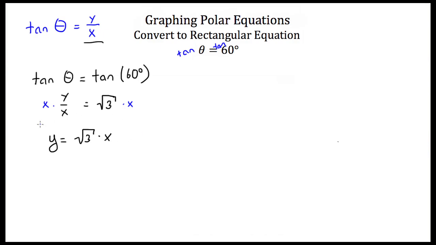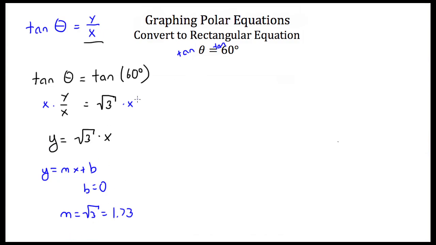Well, this is a linear equation. This is in the form y is equal to mx plus b. Here our b is 0, so our y-intercept is 0, and our slope, m, is just the square root of 3, which is approximately 1.73.